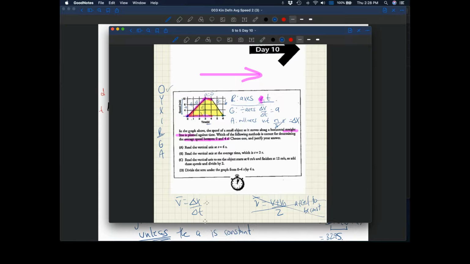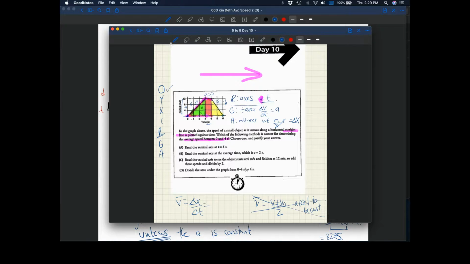So we need the total distance over the total time, the total displacement. The total displacement in this case is the area. So we have the green area, and this pink area that we need to add up. That's the first 4 seconds.